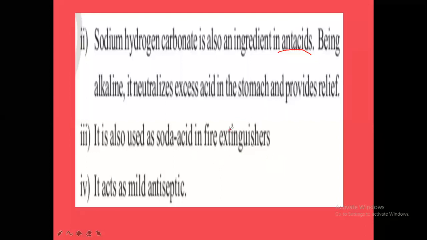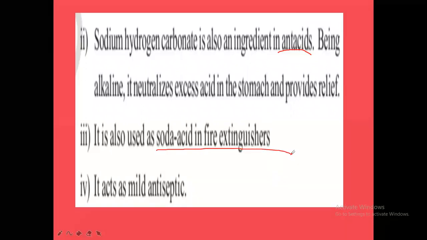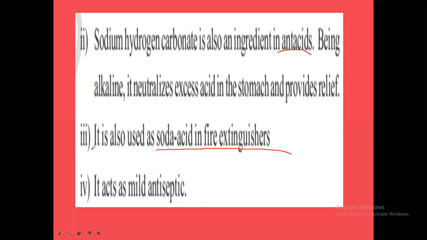Sodium hydrogen carbonate will be used. These are called soda acid type fire extinguishers. Soda acid refers to sodium hydrogen carbonate or baking soda.